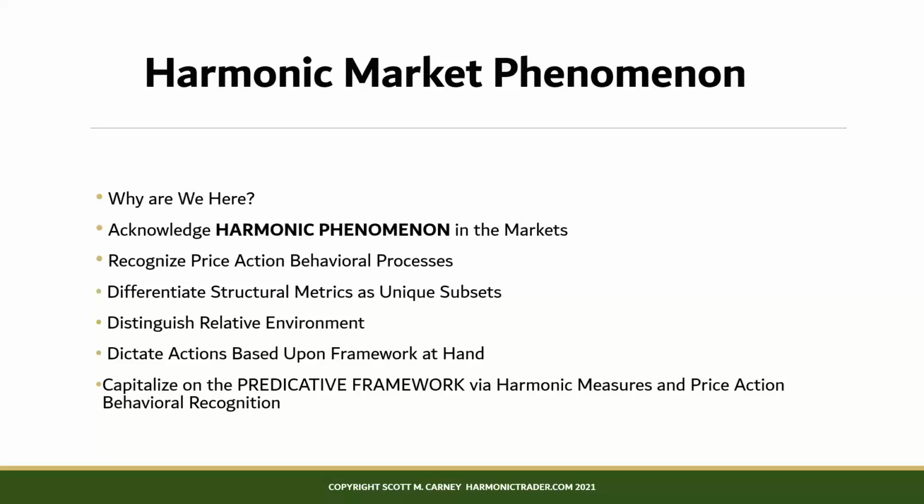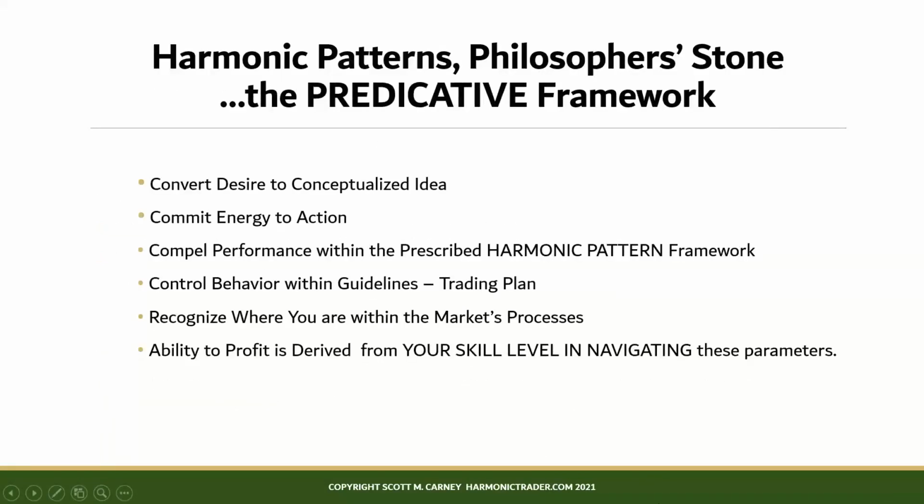Okay, what's going on within that framework of the pattern, whatever pattern it is? And let's distinguish the relative events, the confirmation strategies, even the individual price action, because we combine that with the predictive framework. That gets us an idea of where the market's going. What's it going to do? Really, really essential, because all of us are here right now.